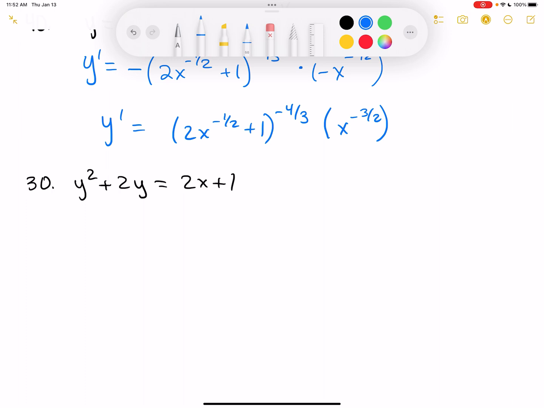Two y prime plus 2y prime equals... it's just 2x. Well, you're taking the derivative of 2x, so it would just be 2.